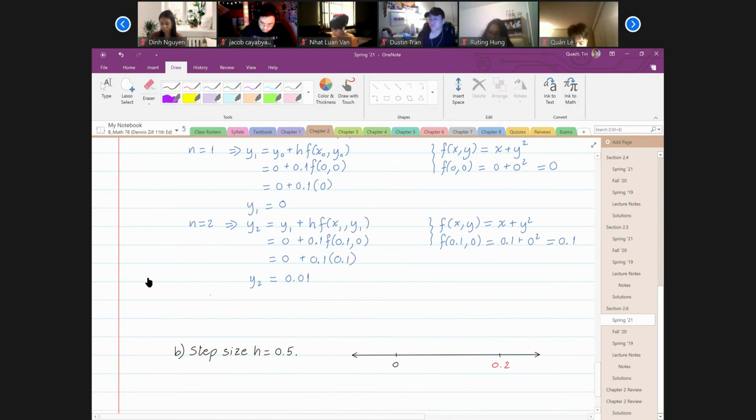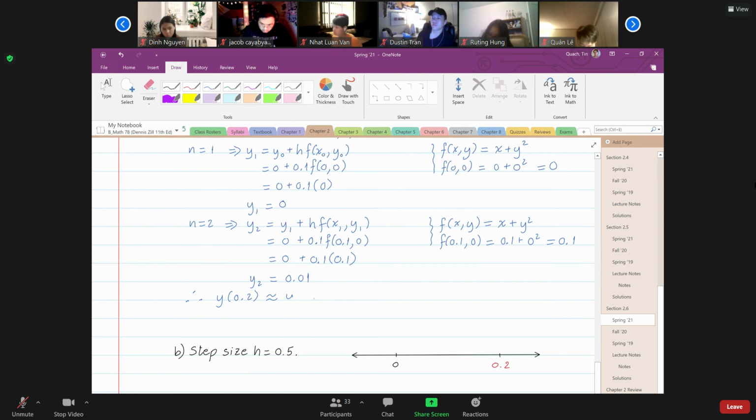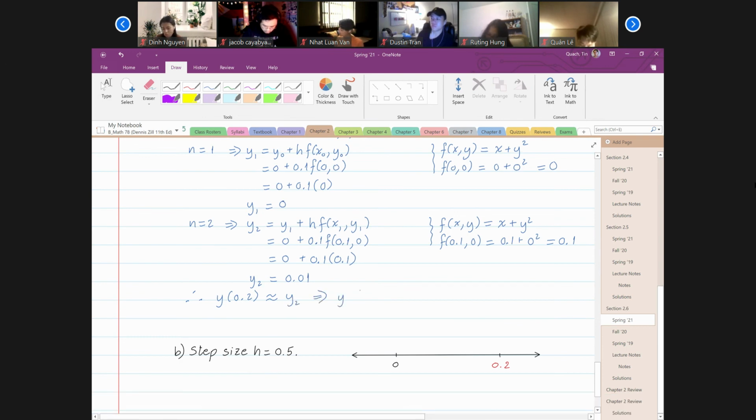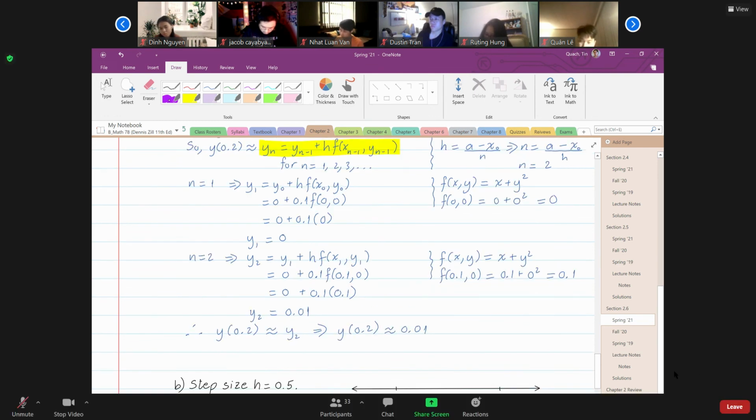So therefore, y of 0.2 is approximately equal to y sub 2, which implies y of 0.2 is approximately equal to 0.01. But be careful, you read the direction.